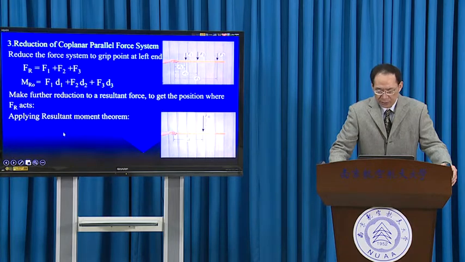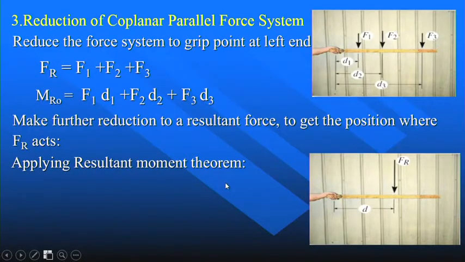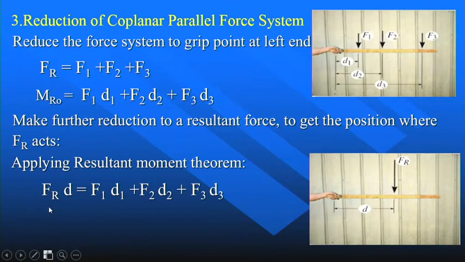Applying the resultant moment theorem we've just discussed, we can calculate the moment of the resultant force about the left end, which is Fr d, which is equal to the moments of all the forces about the same point, which is F1 times d1 plus F2 times d2 plus F3 times d3.